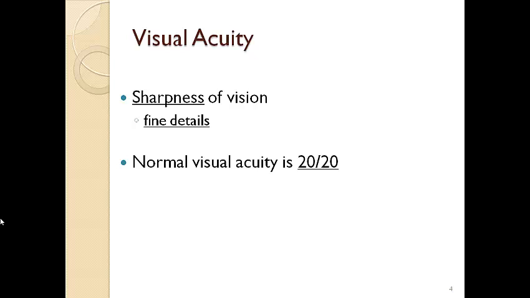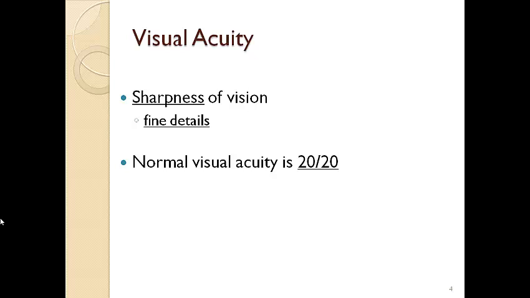Okay, so before we move on to the definition and other information about blindness or low vision, there are some terms that we need to know, such as visual acuity, which basically means how sharp a person's vision is, how much fine detail can they see in different things from a certain distance. And we've all heard that 20/20 vision is perfect, right?